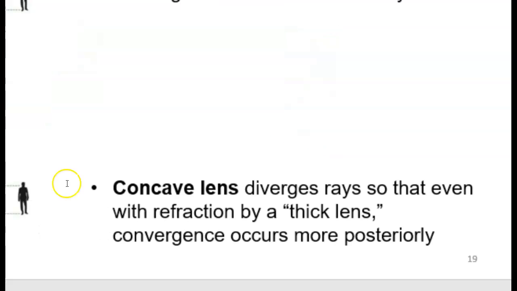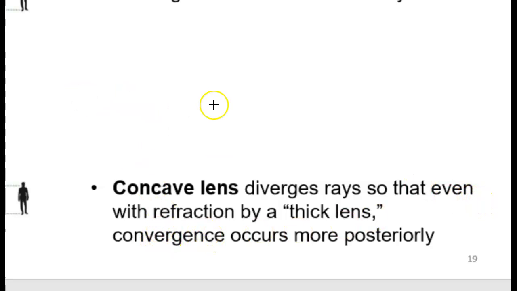So I'm going to show you an example here. For myopia, either the eye is too long, as in the top picture, or the lens is too thick. It's very globular. That means we can see near objects just fine. The rays are bent quite a bit. Convergence happens in the eye, and you can see a near object.